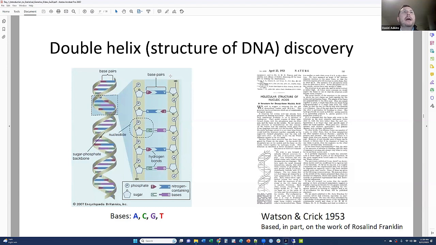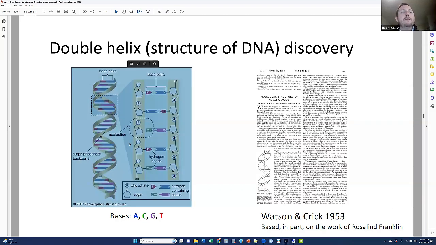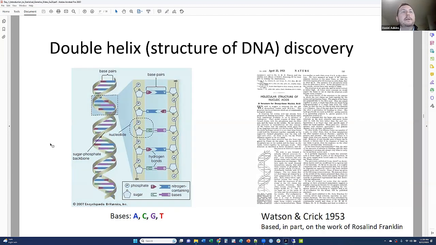Now, in terms of the actual physical structure of DNA, we now know that it is a double helix. We've known that since 1953. On the left side of the screen, we have a figure that depicts it.